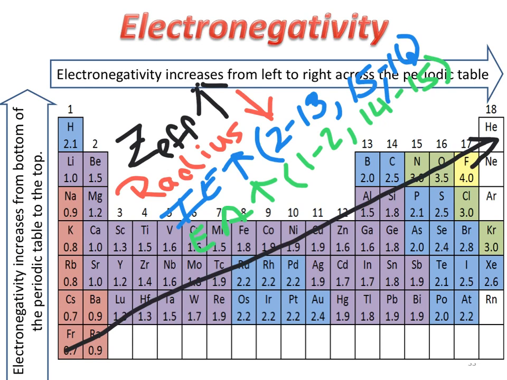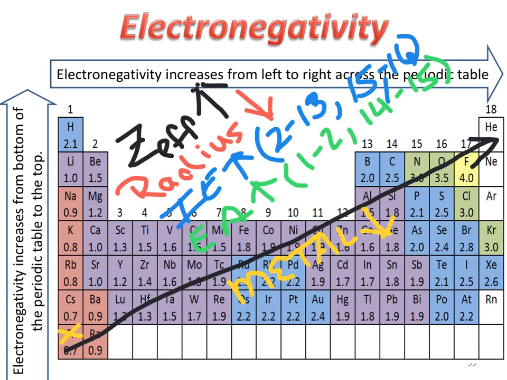Next one that we put on there was metallic character. Metallic character was greatest over here with francium, and least in the upper right hand corner. So metallic character goes down as you go up and across the periodic table.